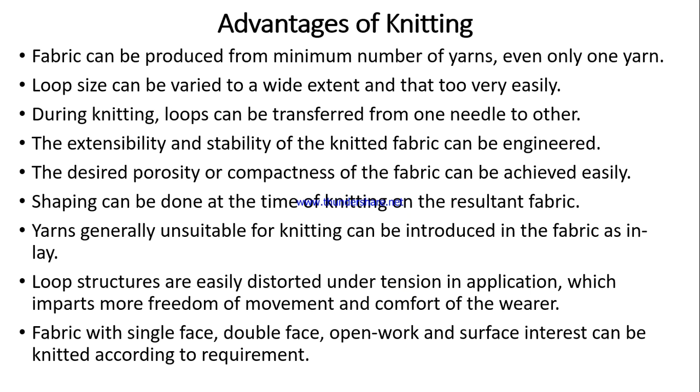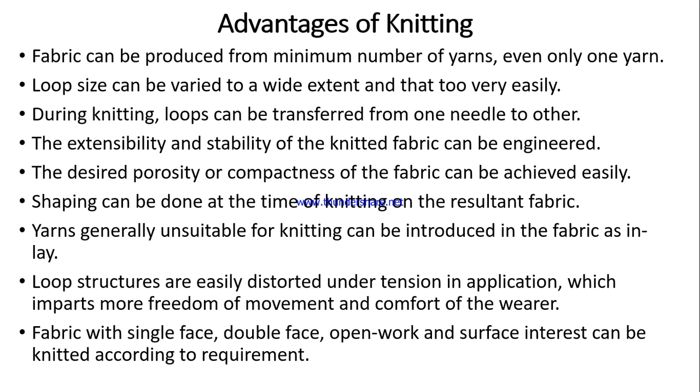This is very important. Then shaping can be done at the time of knitting on the resultant fabric. Shaping. Okay, suppose you are manufacturing a t-shirt. Okay, the dimension of your chest and dimension at the waist will be different. Okay, proper shaping is required for the perfect fitting. You can see today's t-shirts, they have a typical shape where you can see a widening effect around the chest and a narrowing effect around the waist.